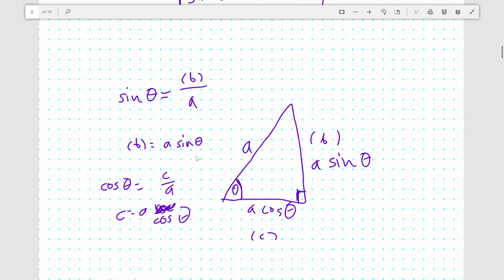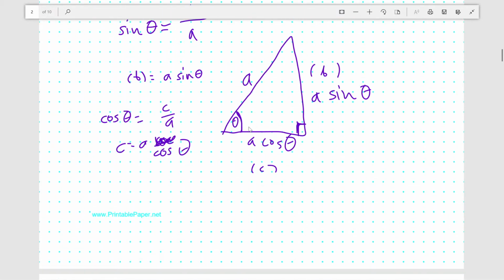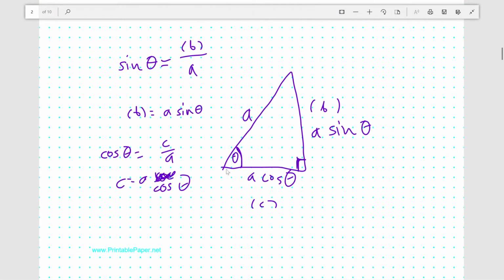And now what are the implications of this? So we know from the Pythagorean theorem that the sum of the squares of the lengths of the two legs of a right angle triangle, legs meaning these shorter sides, not the hypotenuse, is going to be equal to the square of the hypotenuse of that same right angle triangle.